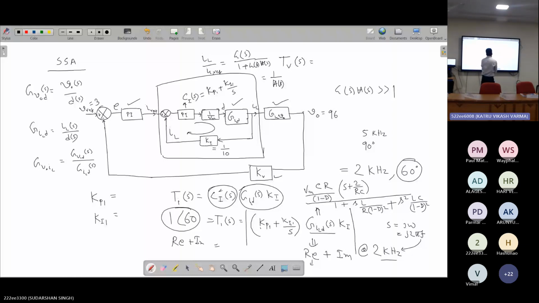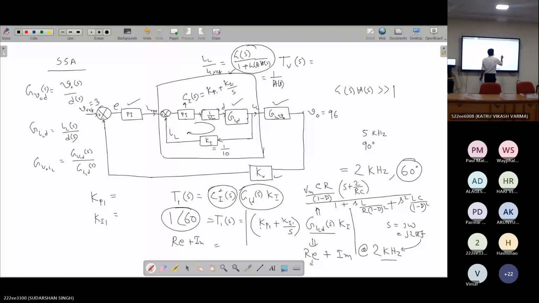This total block, either you can do the approximation, otherwise you can use this total thing here. No problem, because you know the PI value now.